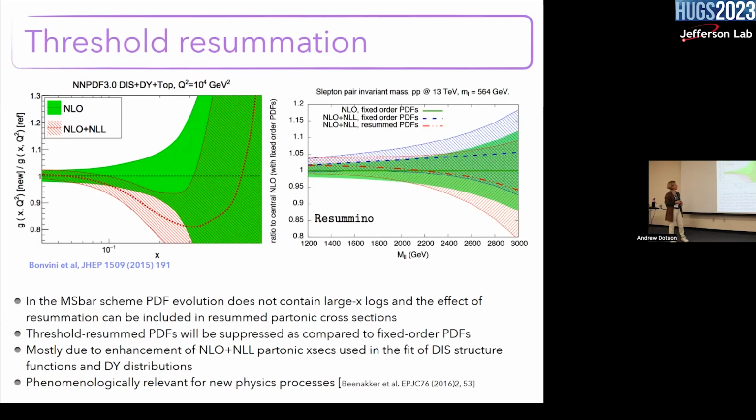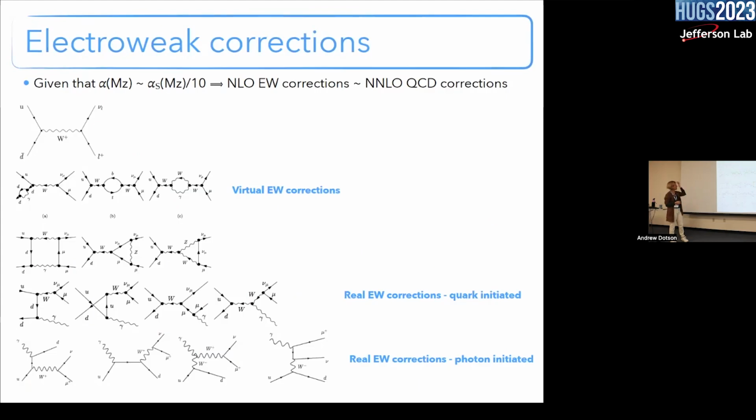Okay, that's it for theory predictions, but I wanted to say another thing. Because we are at next to leading order in QCD, so far I talked about QCD, but we know that more or less the electroweak coupling constant alpha is about alpha s divided by 10.